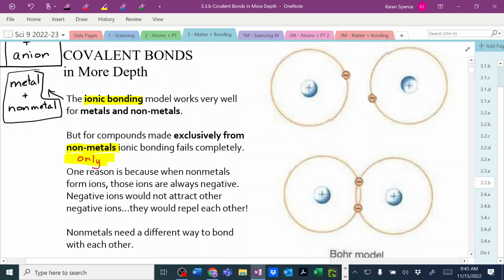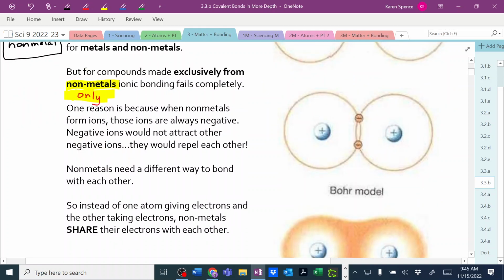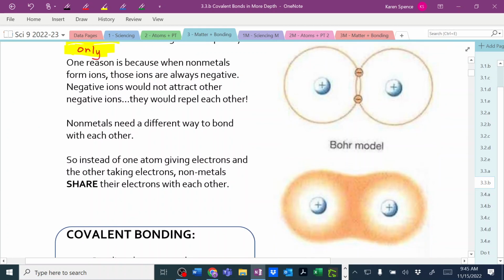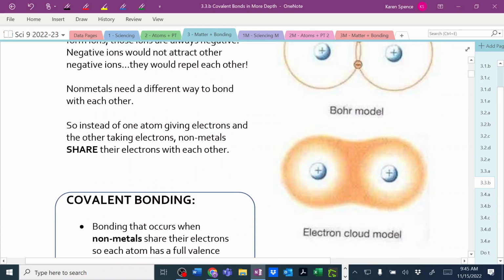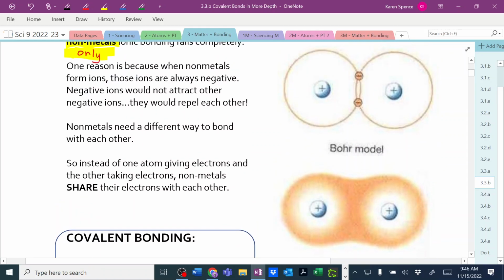So instead, nonmetals need another way to bond. So instead, they share their electrons. And you can see here, this is like the Bohr model here. Do you notice that you have a positive charge here and a negative charge here?